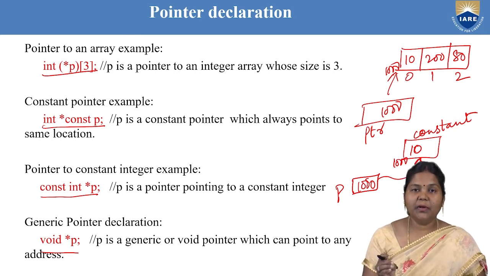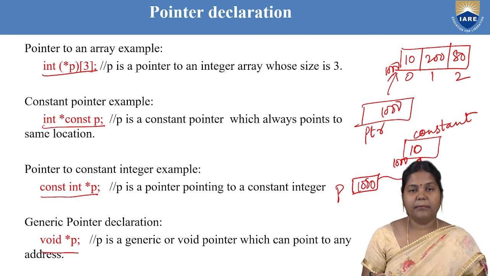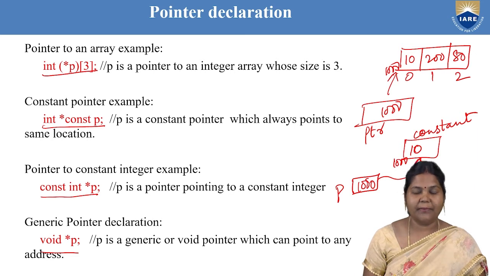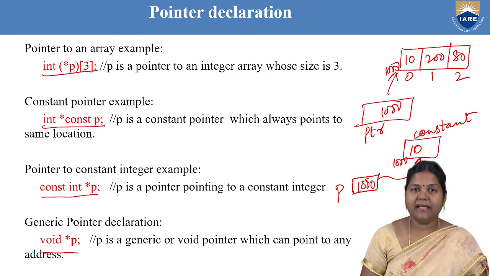But instead of declaring 3 specialized pointers, if you declare one generic pointer and convert it by explicit typecasting into a specific type, so void to integer, or void to character or float type, then the memory requirement will be less. In that way, generic pointers are helpful. You declare a generic pointer and convert it into any type based on the need of the application.